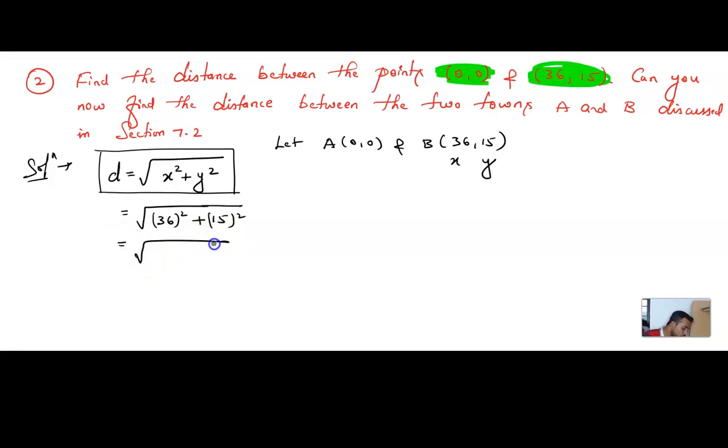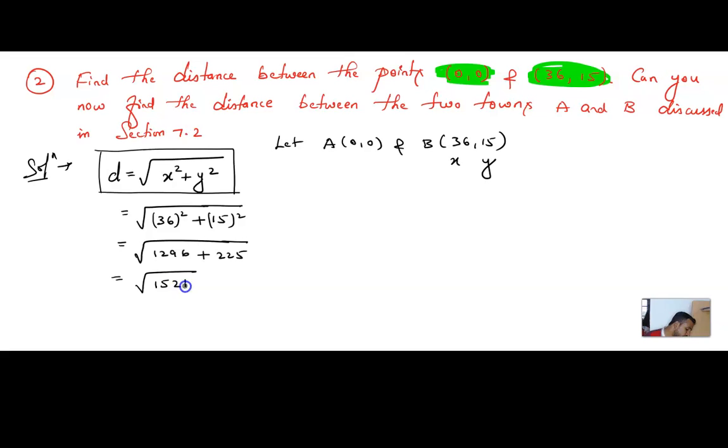Now root of, what is 36 whole square? Can you tell me children, what is 36 whole square? That is 1296, 36 into 36. Plus 15 into 15, that's nothing but 225. So 1296 plus 225, if you add, what value will we get, children?